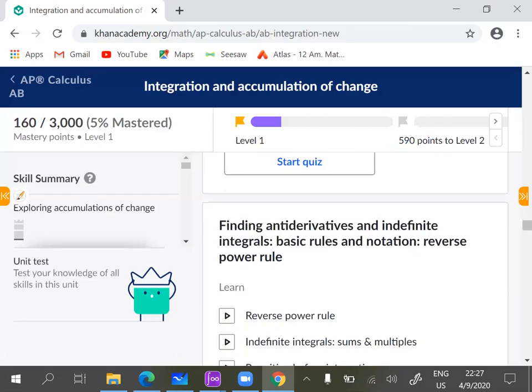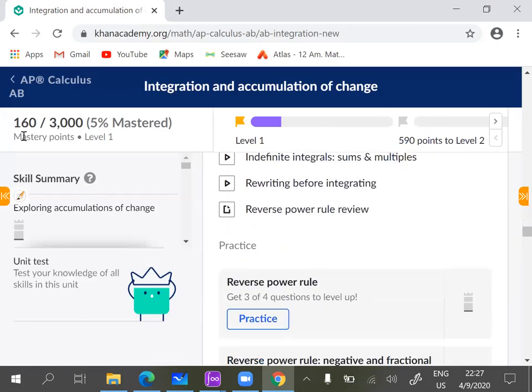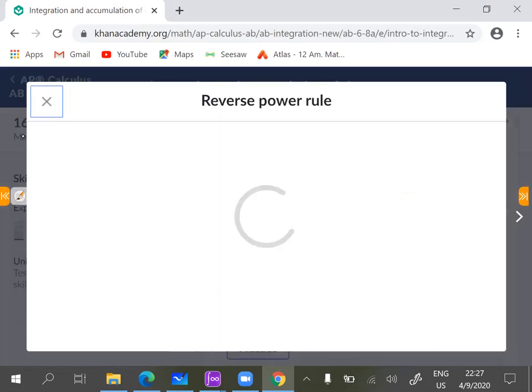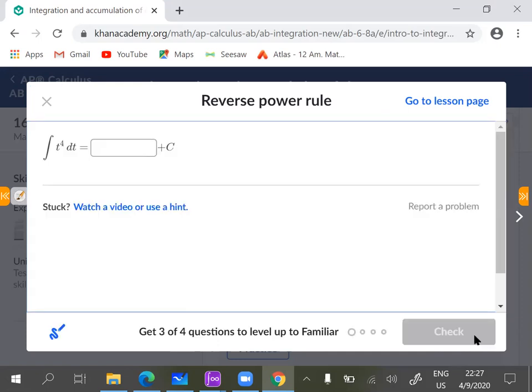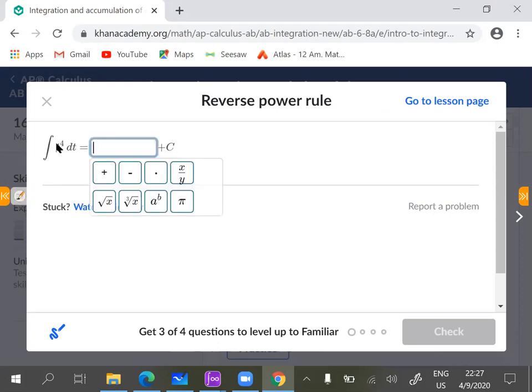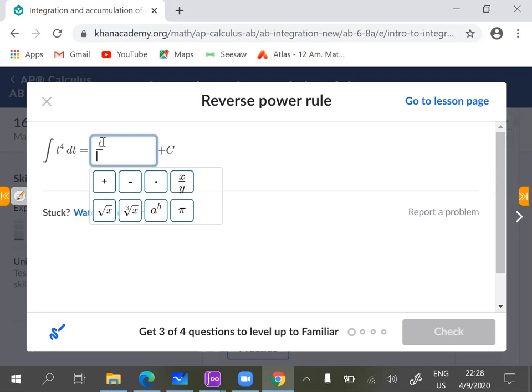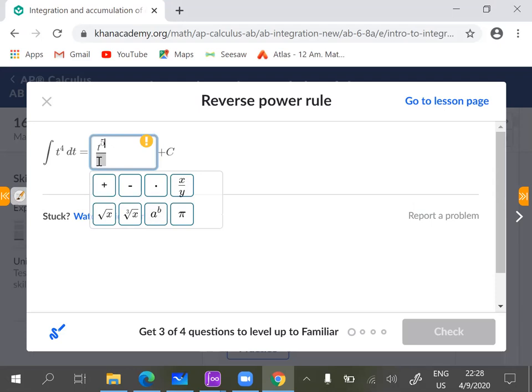Here, the antiderivative as a power rule we have. Reverse power rule. What's the antiderivative here? t to the power 4. So the answer will be t to the power 5. You can put it here, t to the power 5, take the fraction, power 5 over 5 plus c.